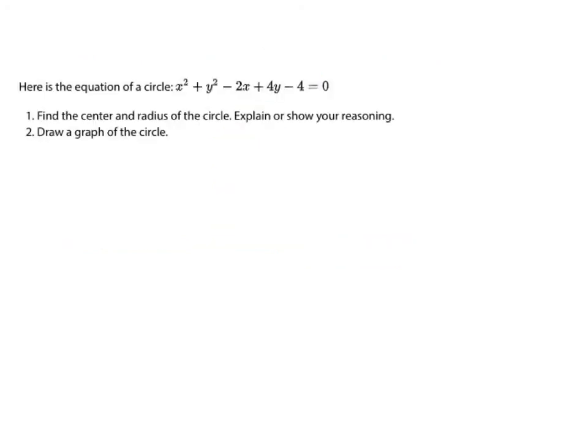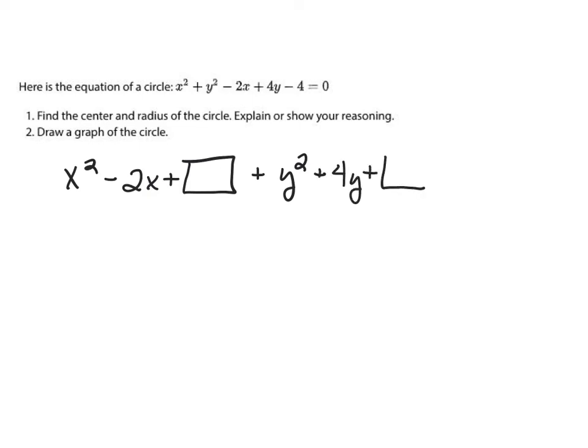All right, so how about we try one? So here's the equation of a circle. Find the center and radius. So let me redraw the equation, putting everything in XY order, adding my boxes, and I'm going to add 4 to both sides.